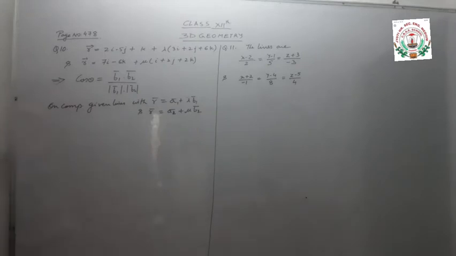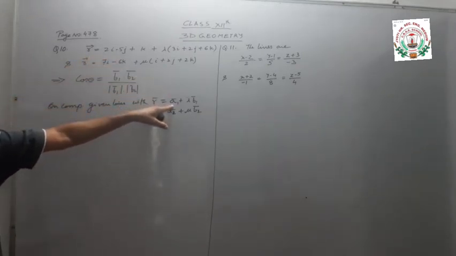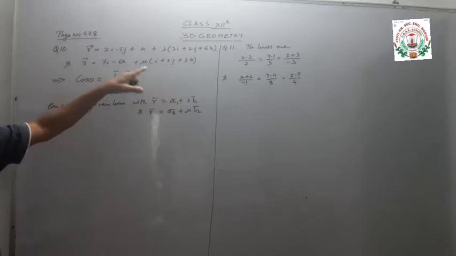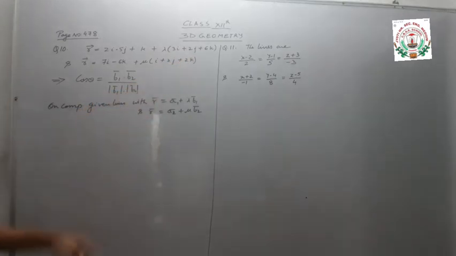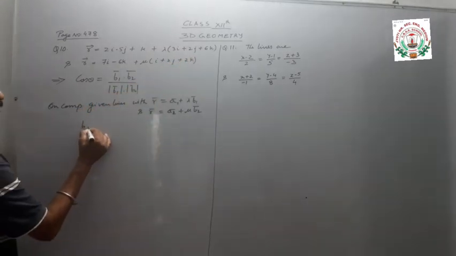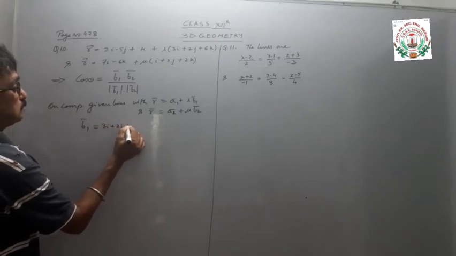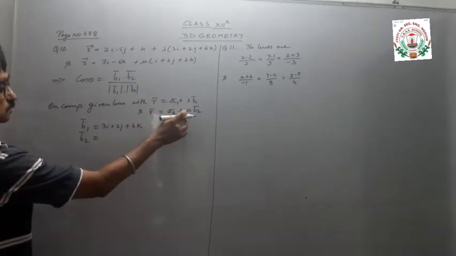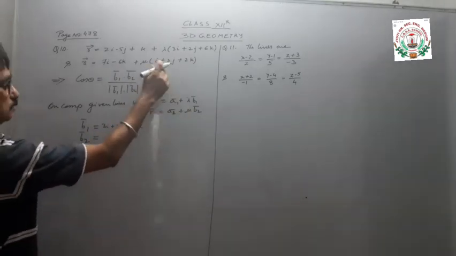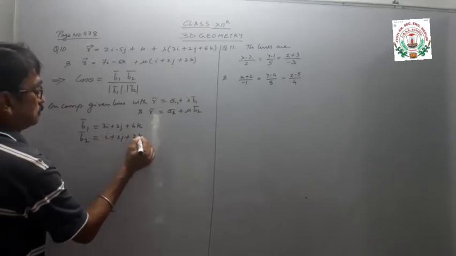So when I compare the first equation with this general equation of the line, I get b1 vector equals 3i plus 2j plus 6k, and the value of b2 vector from the second is i plus 2j plus 2k.